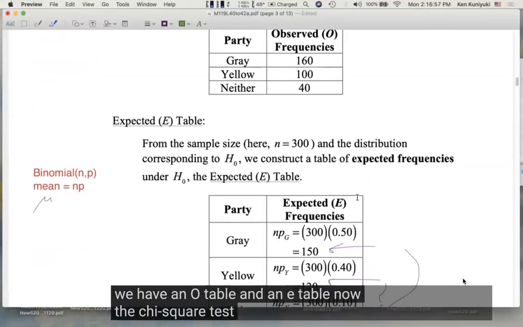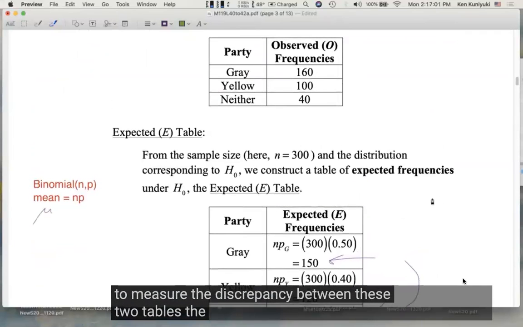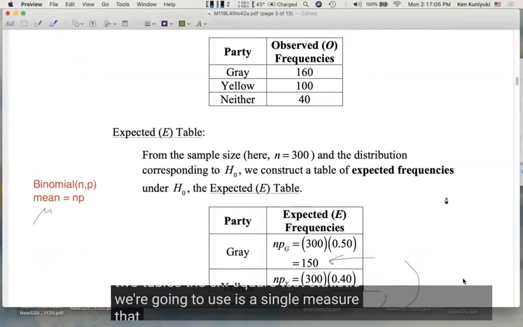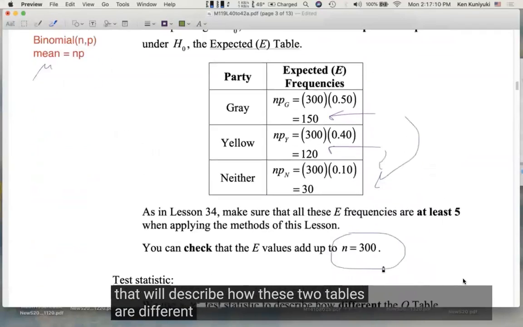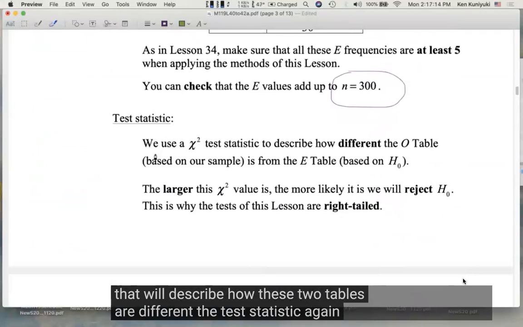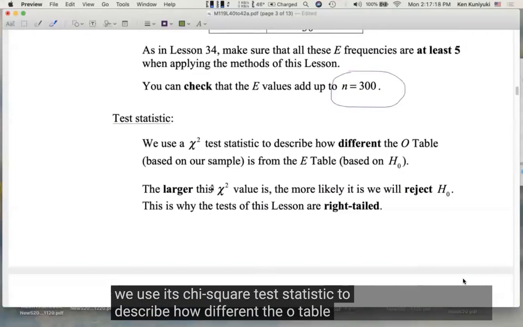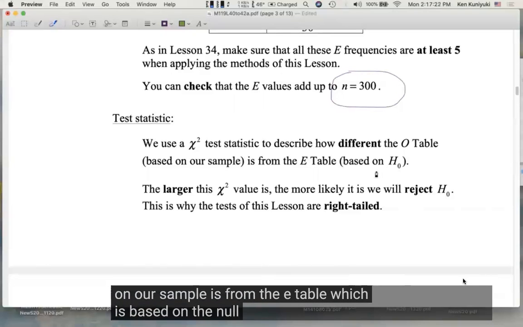Now, the chi-square test statistic is going to measure the discrepancy between these two tables. The chi-square test statistic we're going to use is a single measure that will describe how these two tables are different. Again, we use the chi-square test statistic to describe how different the O table, based on our sample, is from the E table, which is based on the null.